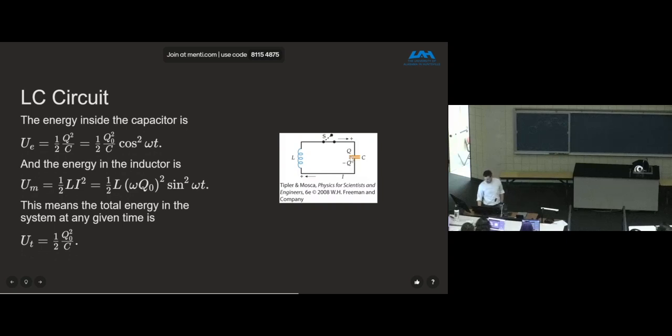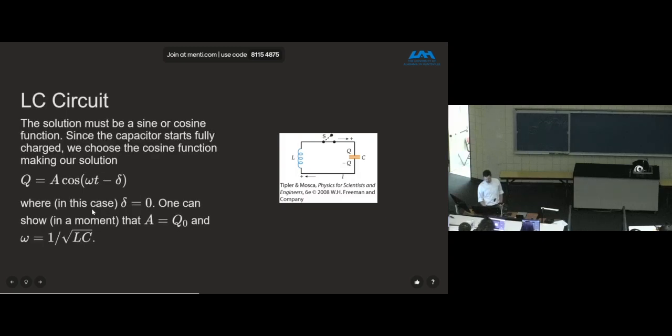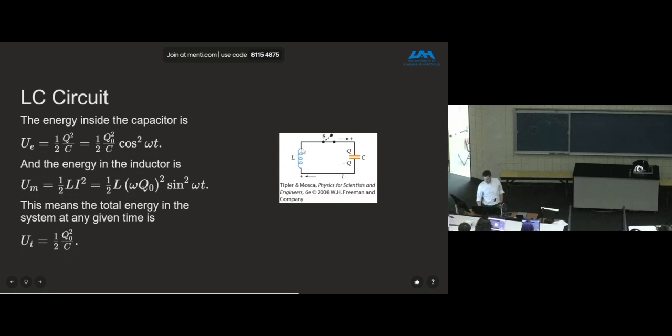If these are perfect conductors, then the charge is on this plate here, which is what the solution that we mapped out represented. So this is Q.